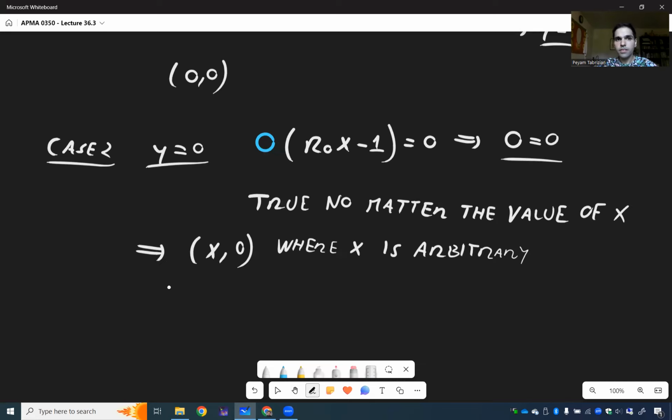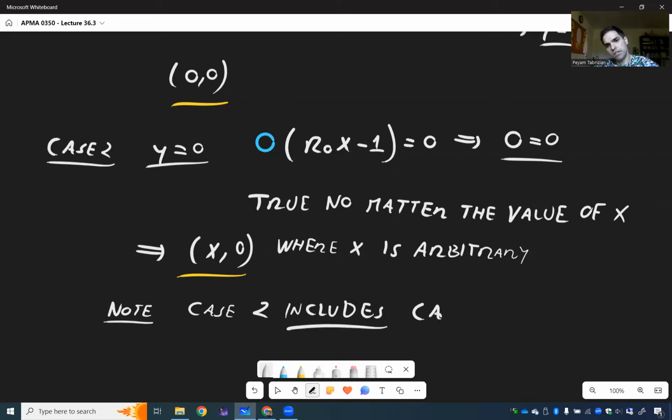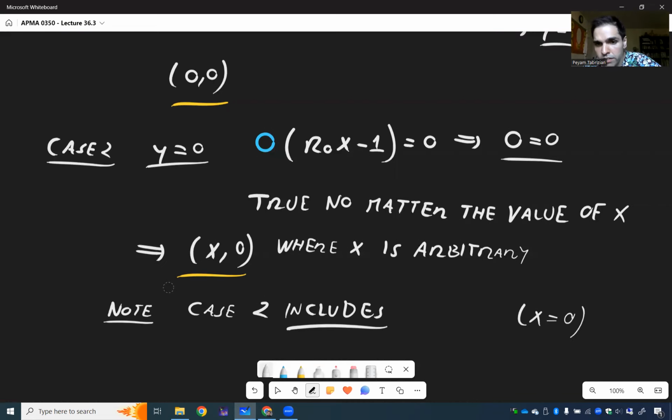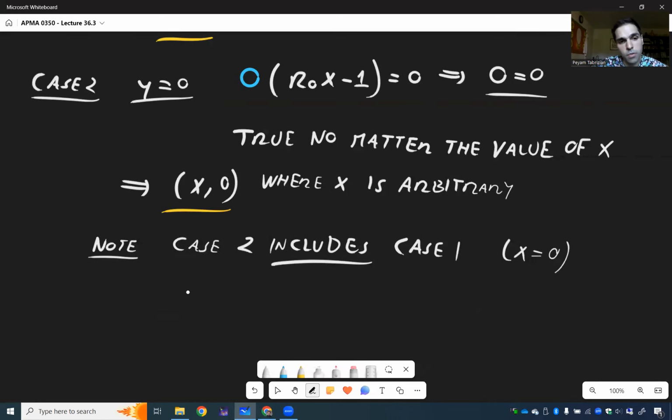And notice we can actually compare those two. So it turns out case 2 includes case 1 if you let x equal 0. And so really the epic conclusion is that the equilibrium points are x comma 0, where x is really arbitrary.